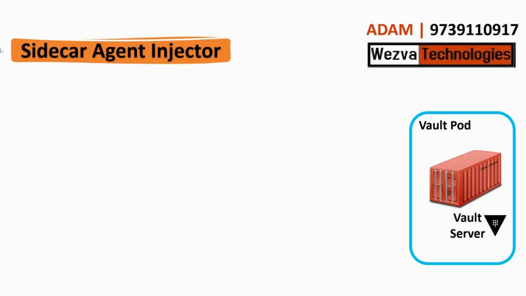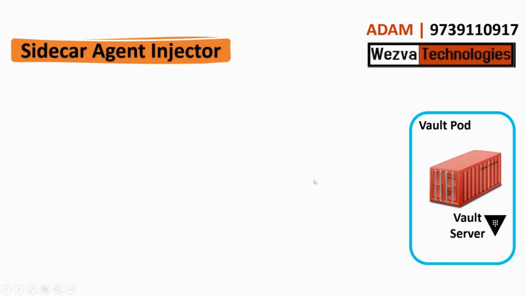Now this is where we have to first install our HashiCorp vault as a pod. Okay, now we'll go through the demonstration a little later, but just assume we already have the vault server running in a separate pod, and we have stored all the credentials that are needed in it.